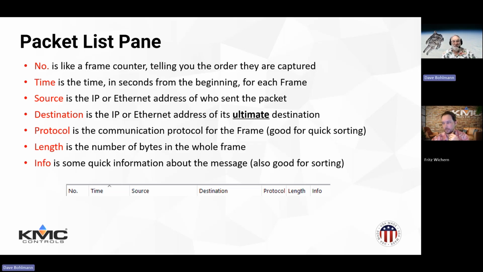The protocol is whatever protocol Wireshark is using to decode the packet, and that should always be like BACnet. The length is just how long that message is in bytes. And the info is quick information about that message, and that's also very good for sorting and looking up things.